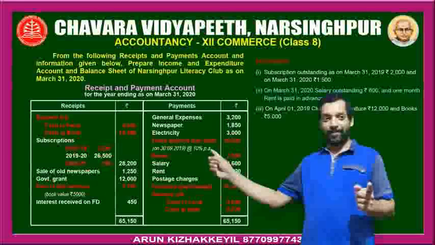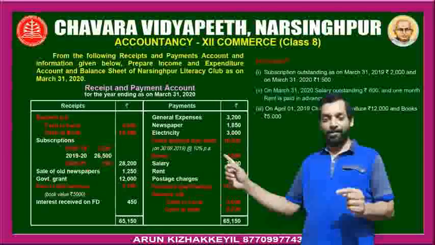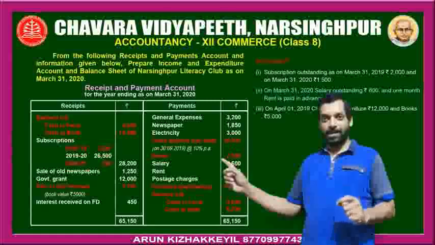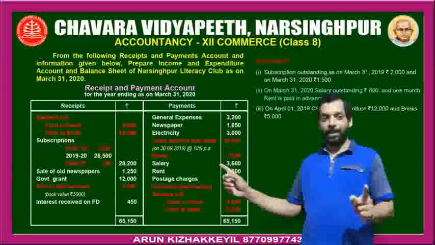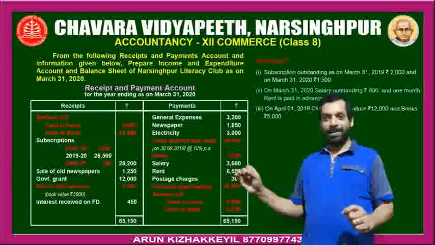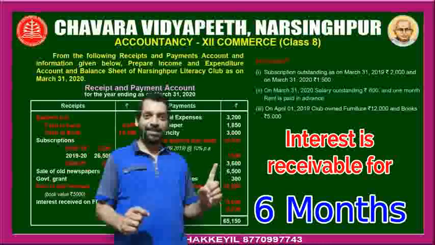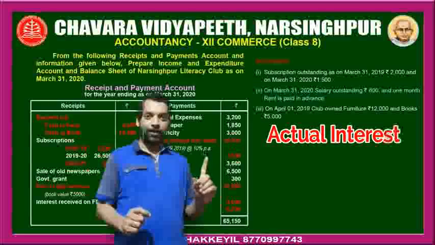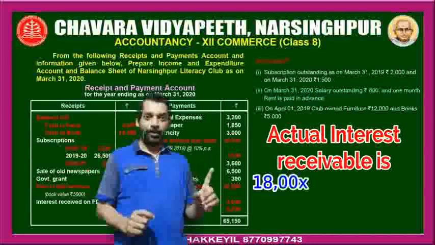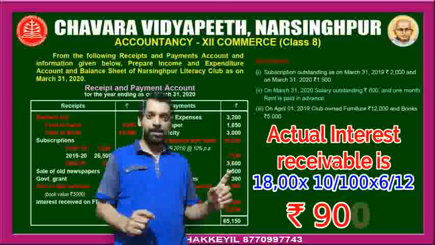See the date when we are making the accounts, 31st March 2020. When the deposit is made, 30th September 2019. October, November, December, January, February, March. 6 months. So 6 months interest should be 18,000 into 10 upon 100 into 6 upon 12.